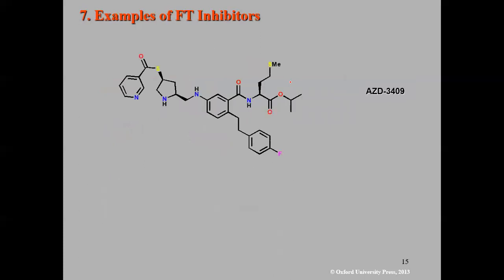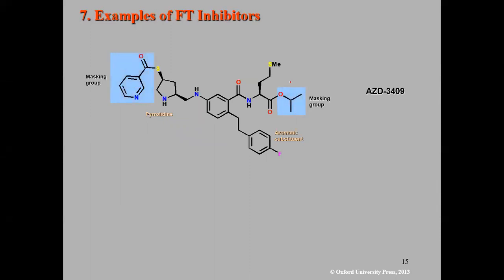Okay. Another example, which is the AZD 3409. This one has a pyrrolidine ring, and they kept the aromatic substituent.